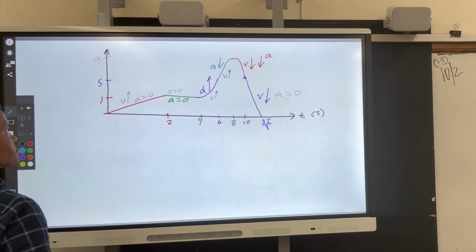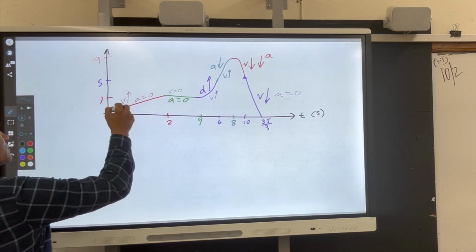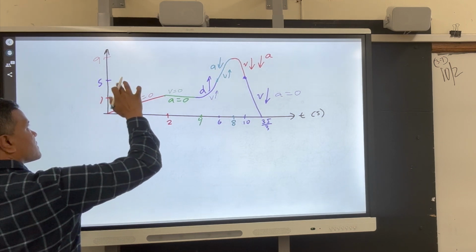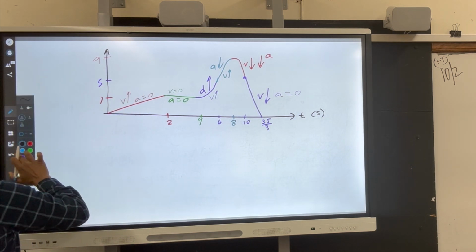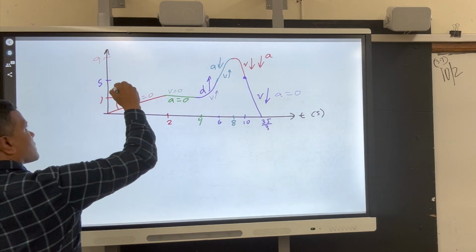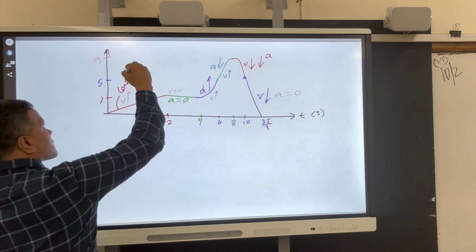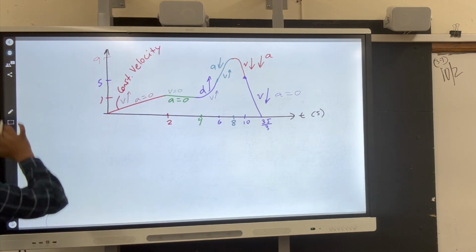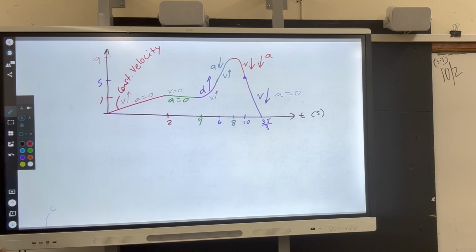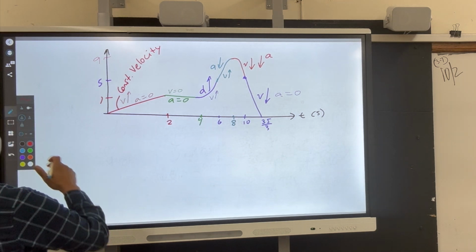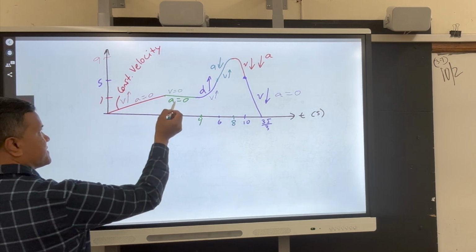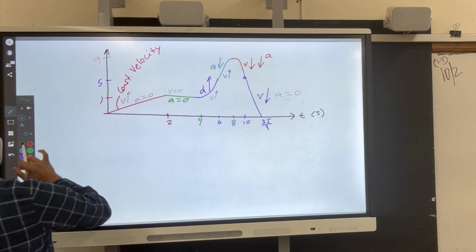Okay. So when acceleration is 0 and velocity is positive, we call it constant velocity. When velocity is 0 and acceleration is 0, you can call it constant displacement.